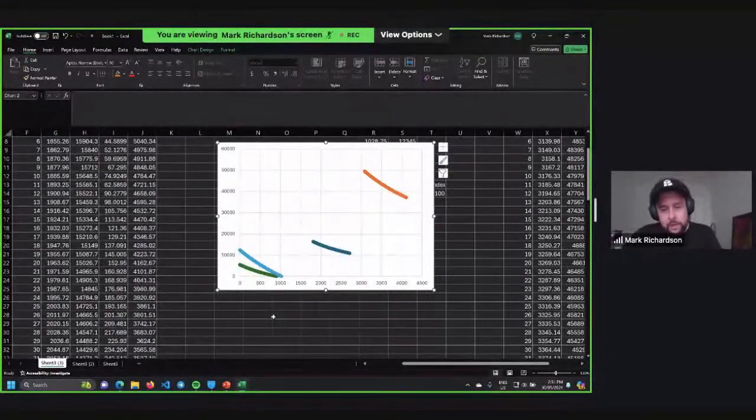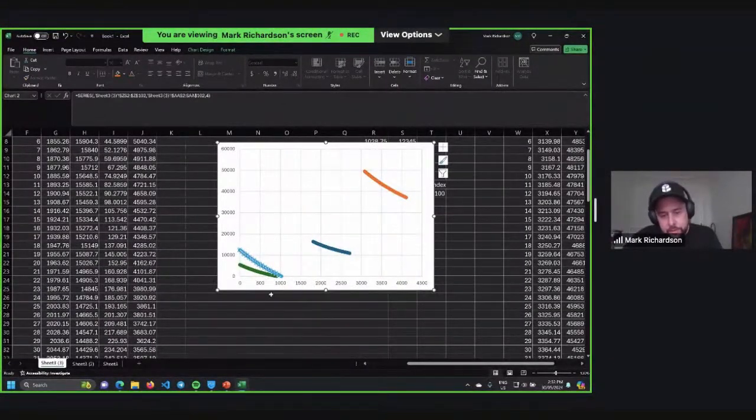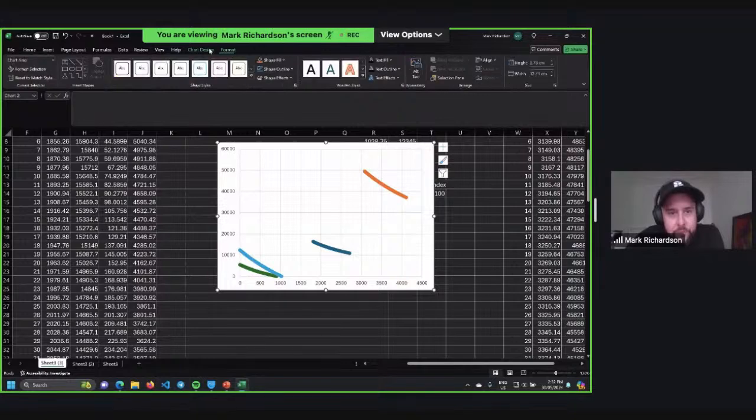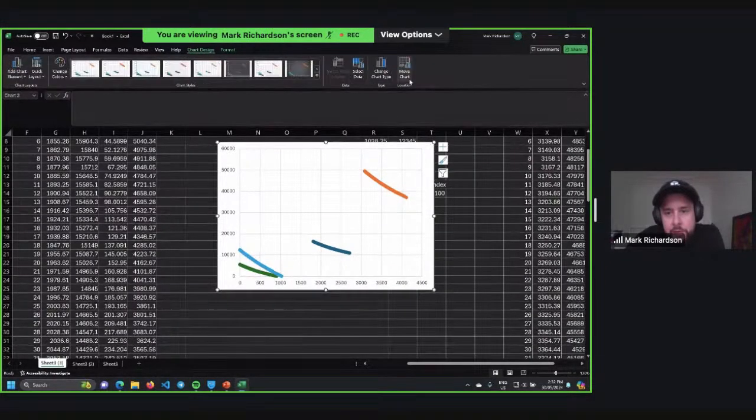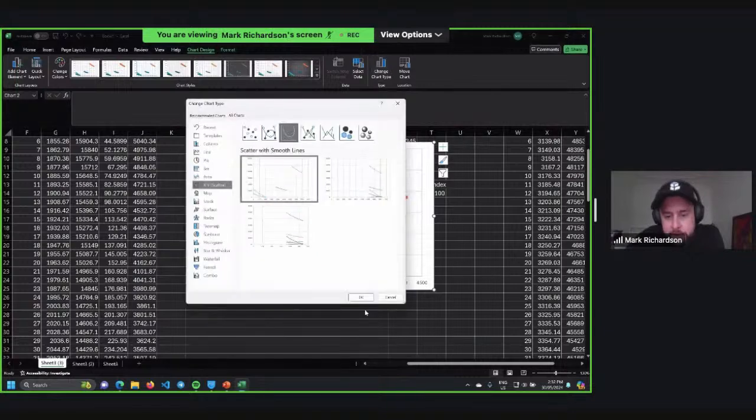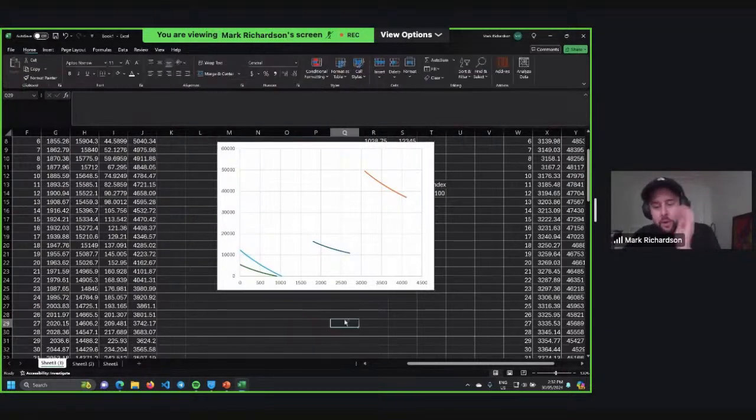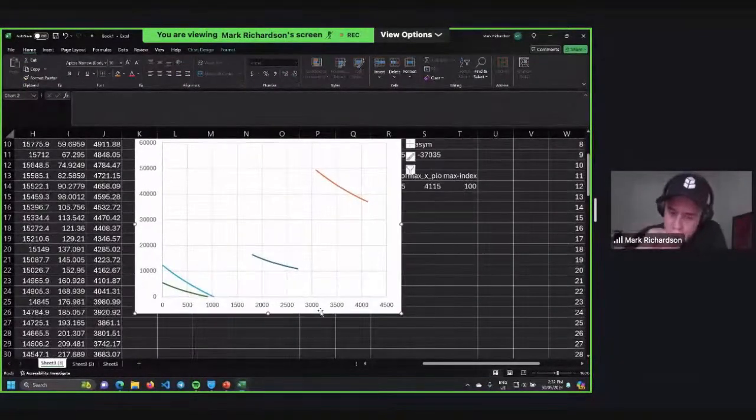And so this light blue curve that we've just added is coming from this orange one here. Okay, I'm just going to quickly change our chart design so that it's a little bit more pleasing to look at. There we are.